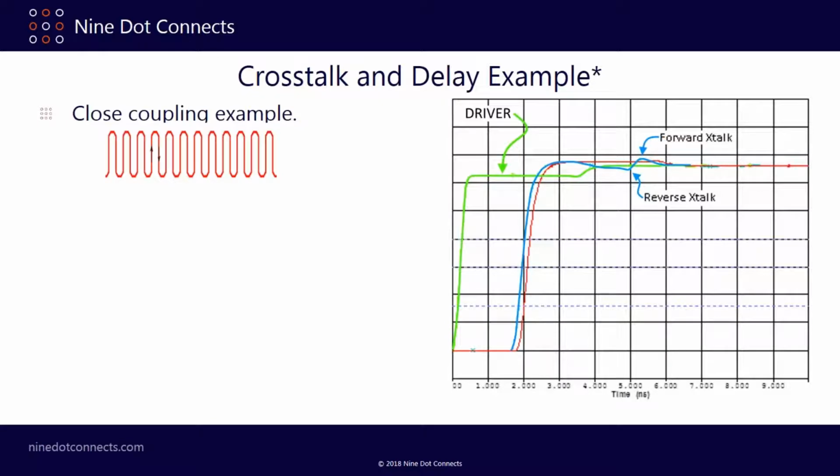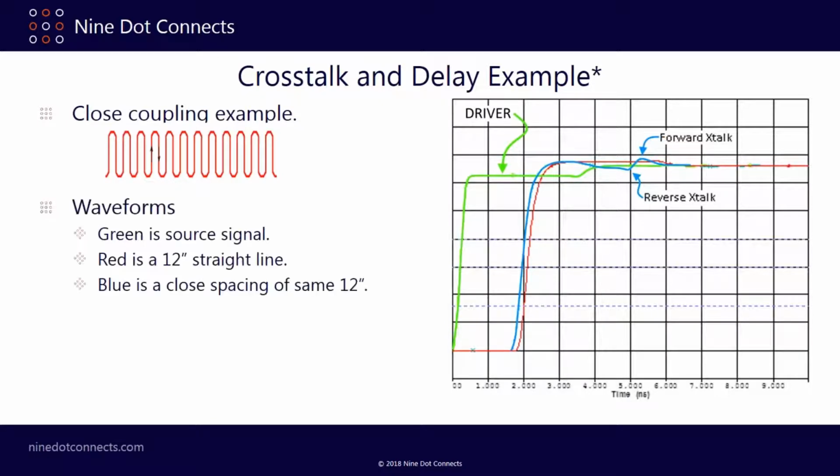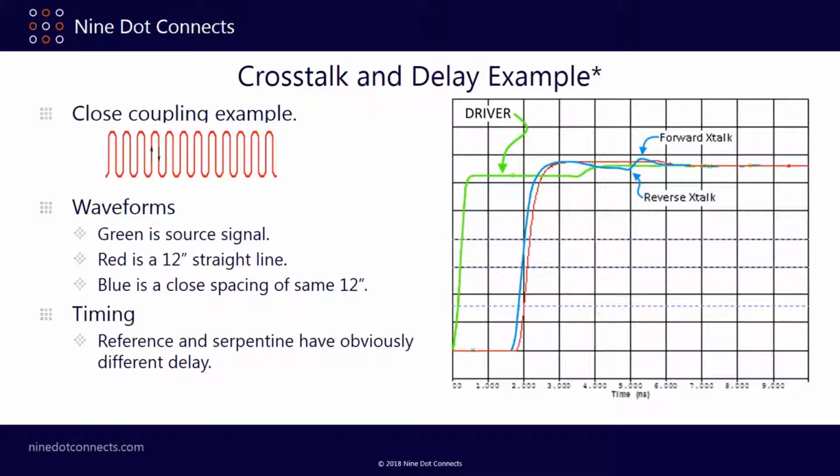So as we increase this coupling, I want to show you that in the blue trace, here's the output of a closely coupled example. You can see significantly more reverse crosstalk and a little bit more forward crosstalk. The reference and the serpentine obviously have different delays now.